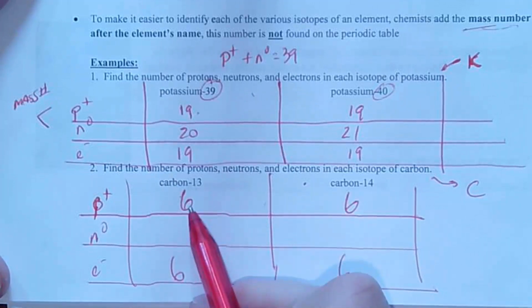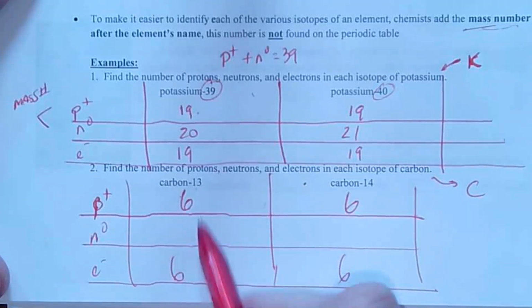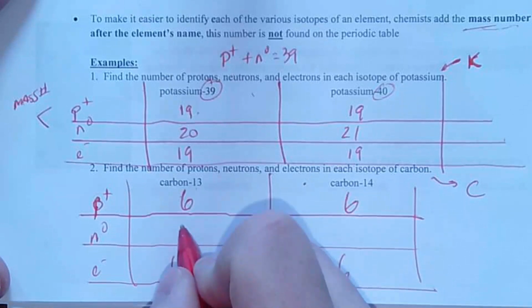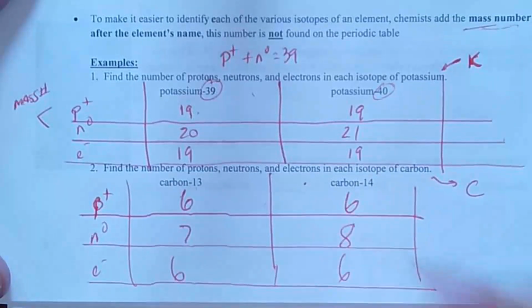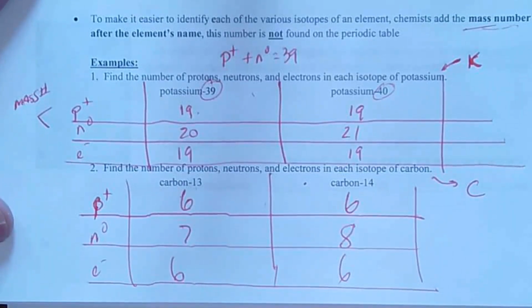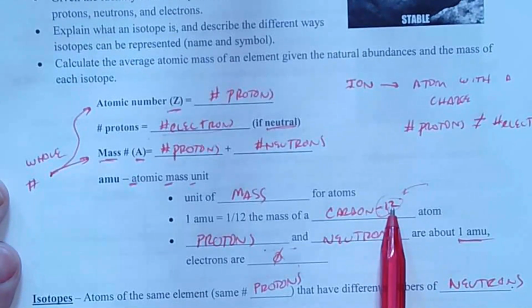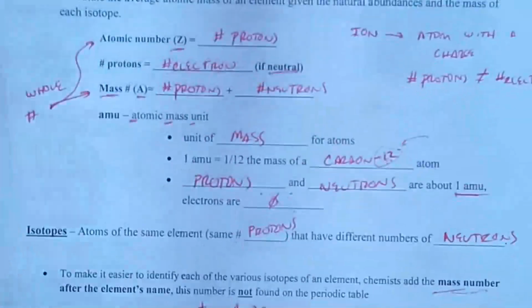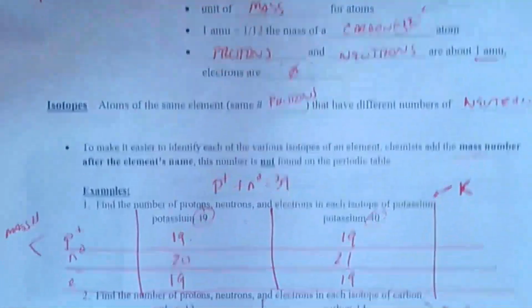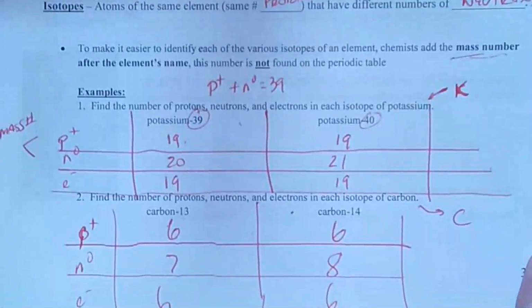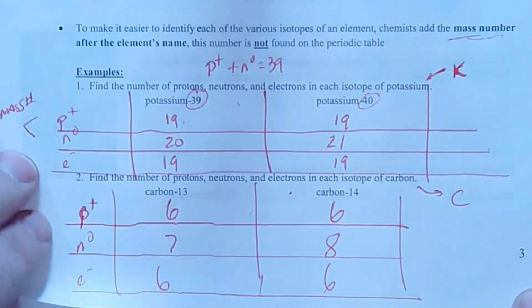So carbon 13 means that this number plus the neutrons have to add up to 13. So we've got 7 neutrons in that case and 8 there. The carbon 12 example that we used up here, you can probably understand that this isotope of carbon only has 6 neutrons in the nucleus along with those 6 protons.